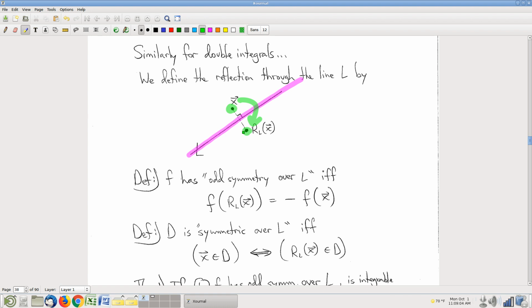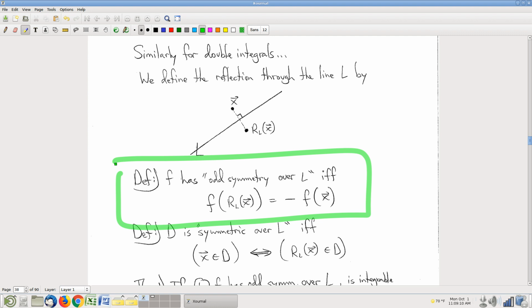Right? So with that idea in mind, here's what it means for a function to have odd symmetry. I want, at the point X, at the point reflection of X, I need for the function to have opposite values. It's really totally like the single variable version. Right? So this is called a function having odd symmetry over the line L. Okay.